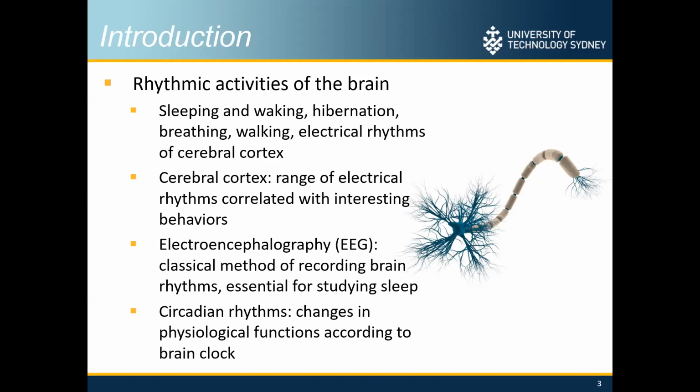Whether we're sleeping, waking, hibernating, breathing, or walking, we're always going to have electrical rhythms in our cerebral cortex. We spoke about the basis of the generation of the membrane potential 2 weeks ago, and these are the electrical rhythms that we detect in our cerebral cortex.